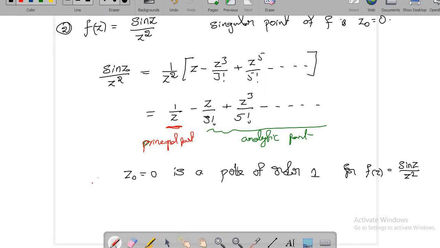Remember one thing, whenever you have a pole of order 1, we call it a simple pole, like when you have a zero of order 1, we call it a simple zero. Similarly here, we call it a simple pole. Simple pole means you should understand that it is a pole of order 1.